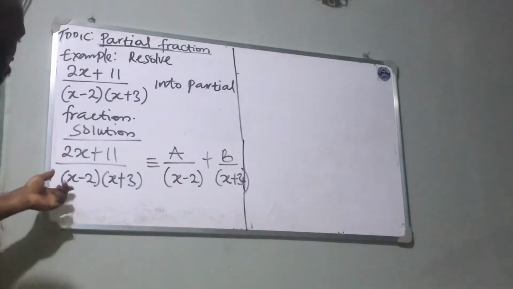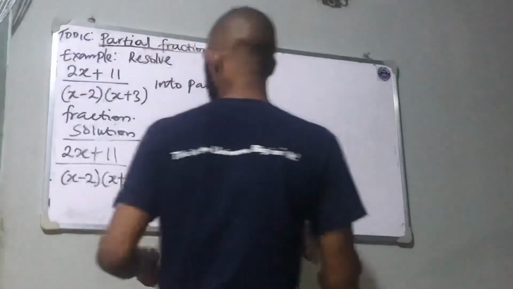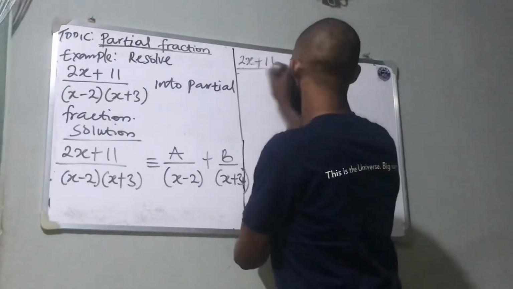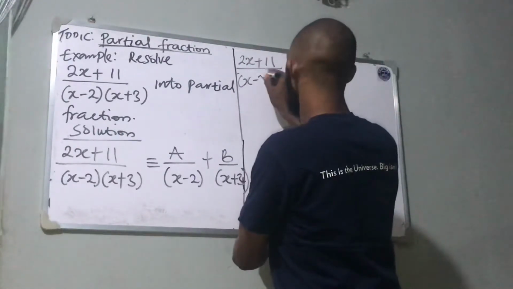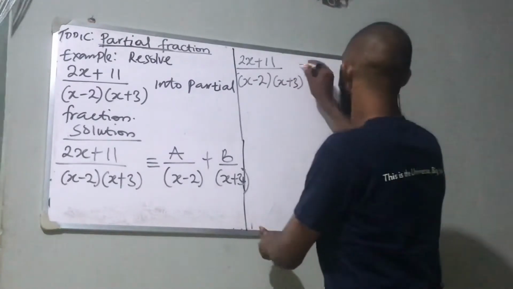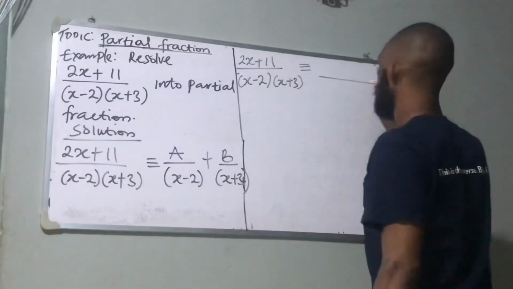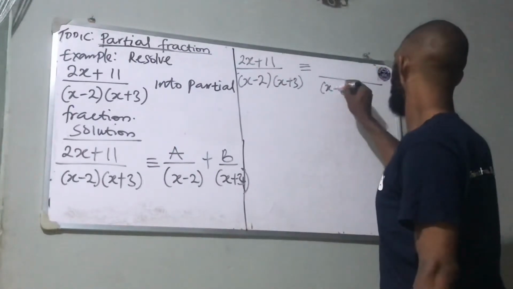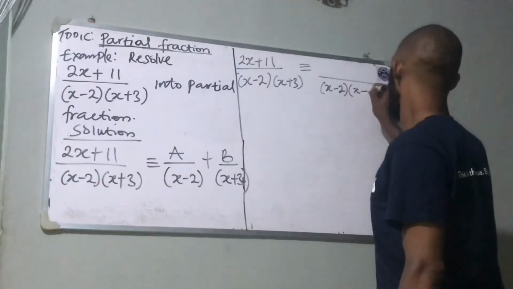Now, we have (2x plus 11)/(x minus 2)(x plus 3). This should be equivalent to a/(x minus 2) plus b/(x plus 3). The LCM between these two is (x minus 2)(x plus 3).